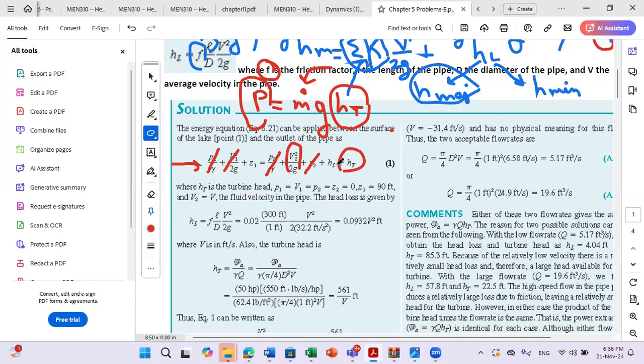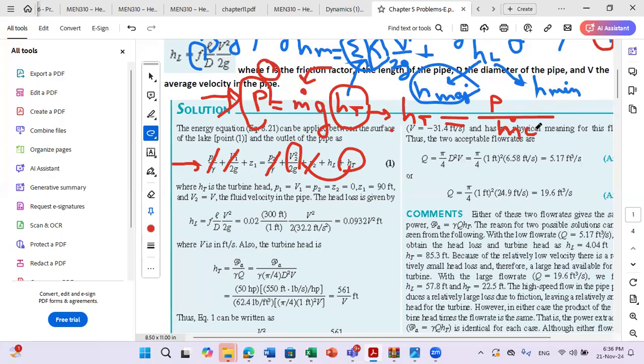When replacing back in my equation, in order to get ht, I need to relate ht and velocity, because here I have two unknowns, the turbine head and the velocity. In order to relate them, all I have to do is go back to the expression of power. We said that power is m dot g times turbine head. So I can write that my turbine head is simply the power, which is given, over m dot g.